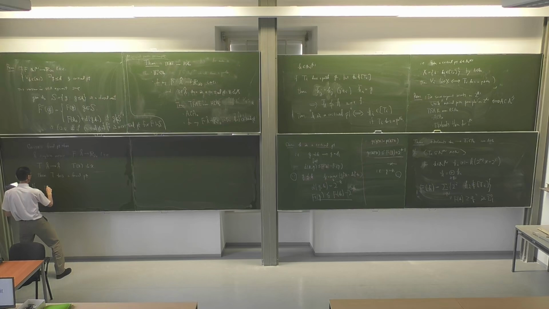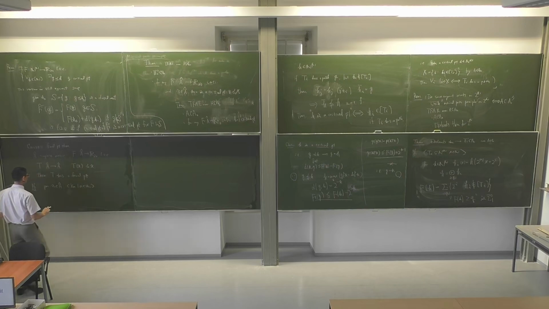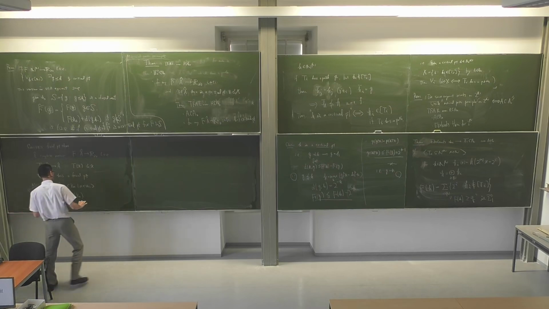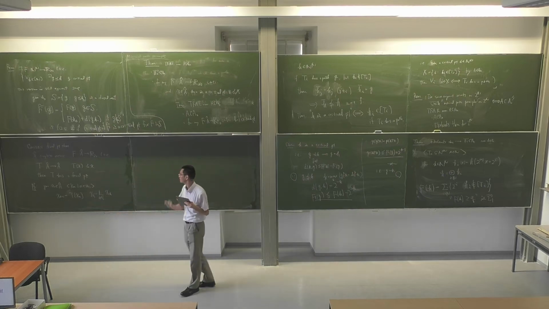Given just any point x0 in A hat, define x alpha for alpha below omega 1 in the following way. x alpha plus 1 is just T of x alpha, and x gamma is just the limit of the x alpha below it. Consider this kind of definition.